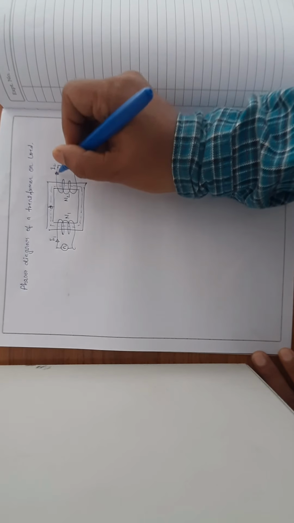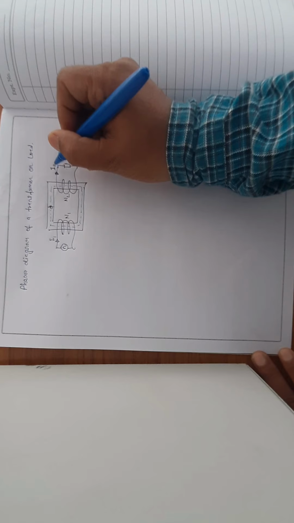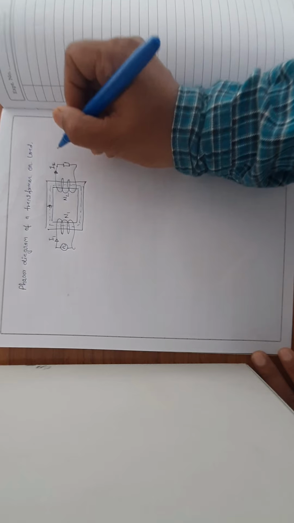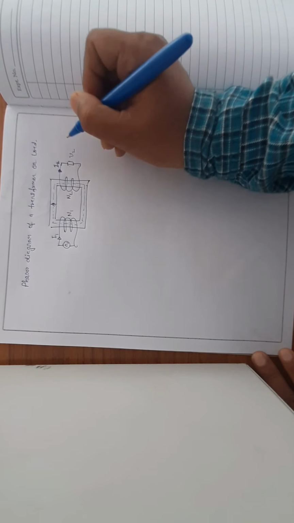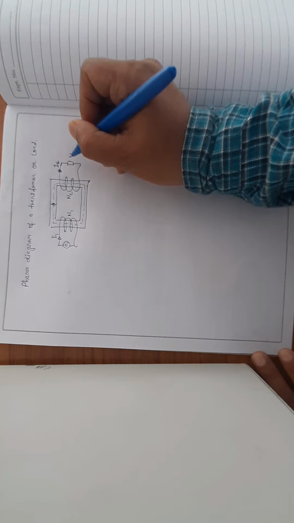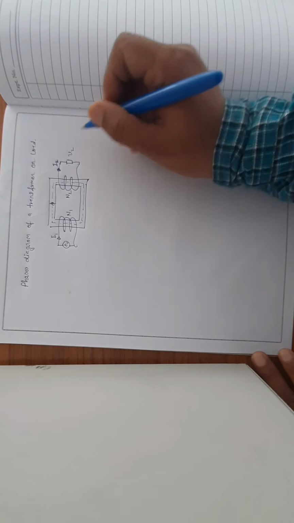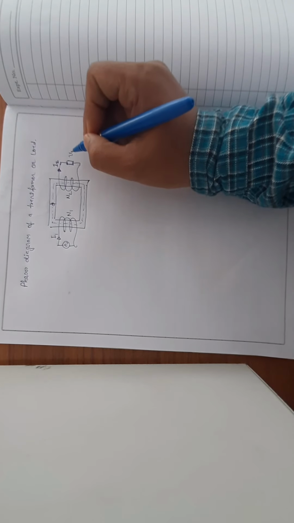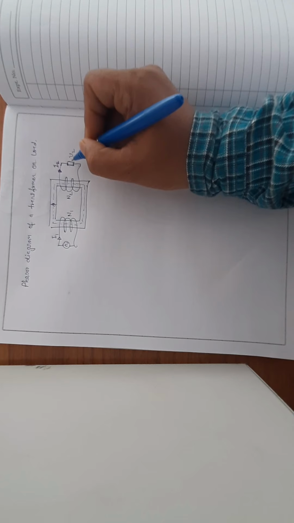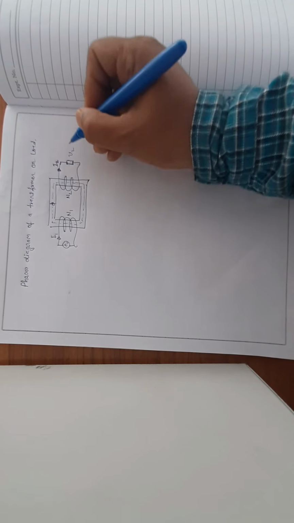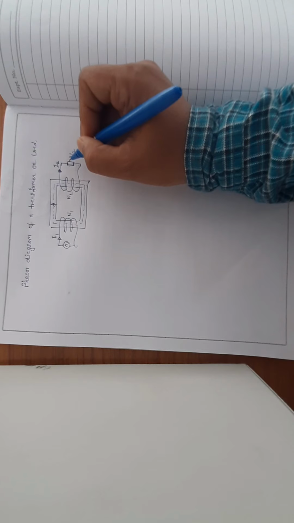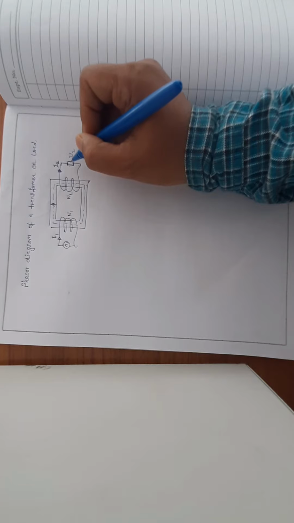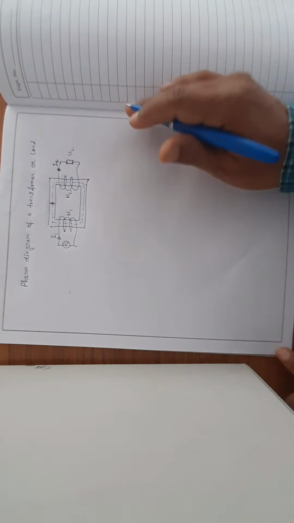The magnitude and phase of the secondary current I2 with respect to secondary terminal voltage V2 will depend upon the type of the load. I2 will be in phase when the load is resistive and lag when the load is inductive, and I2 leads the secondary terminal voltage V2 when the load is capacitive.